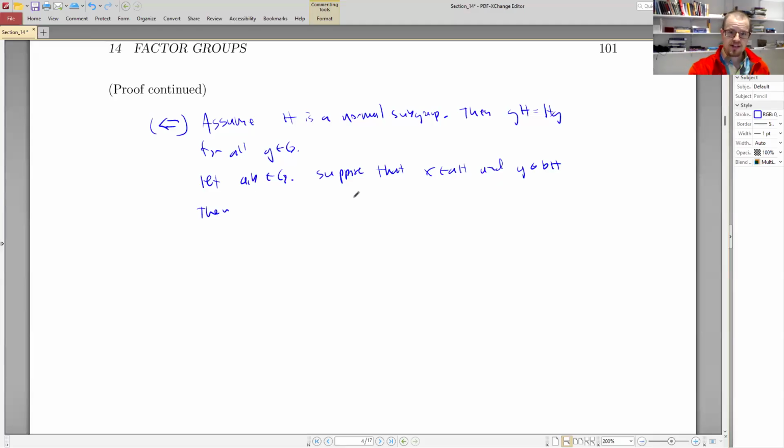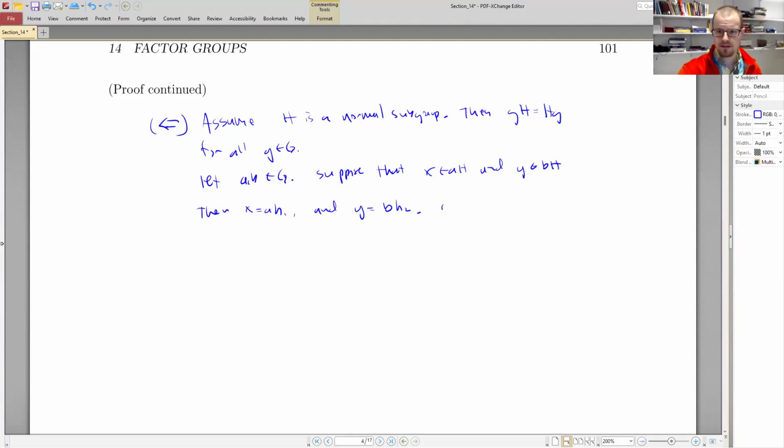So since x is in aH, I can say that x may be written as a times h1, and y can be written as b times h2. A couple different h values there. Excellent.